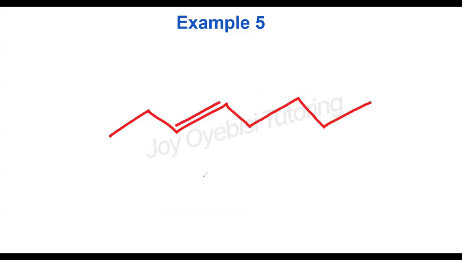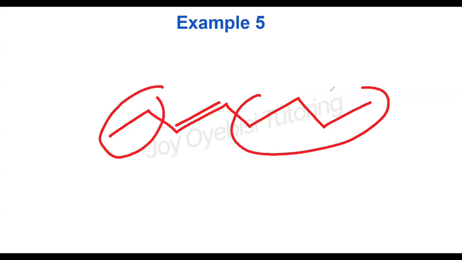Now for this other example, you have these 2 groups. Okay, you can see that they are on the opposite side. This one goes up, this one here goes down, they're on the opposite side of the double bond. So that is what we call trans. So to name this, you start with the trans in front, and then you count, okay?